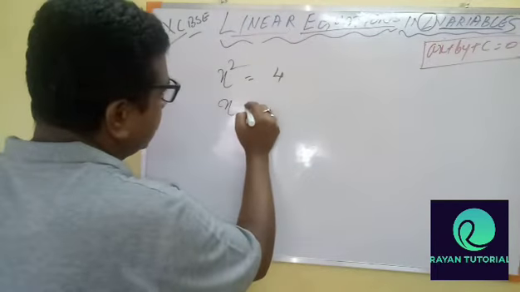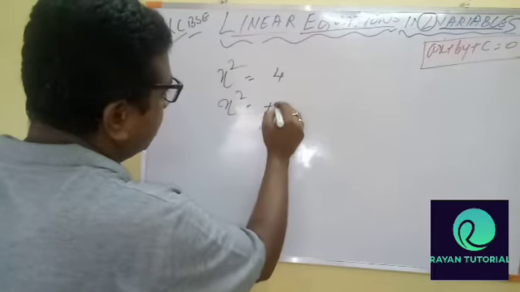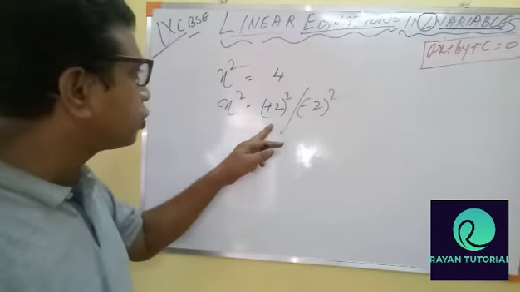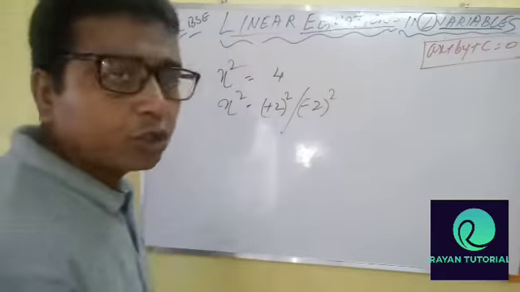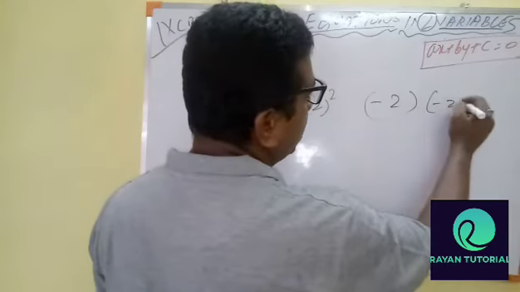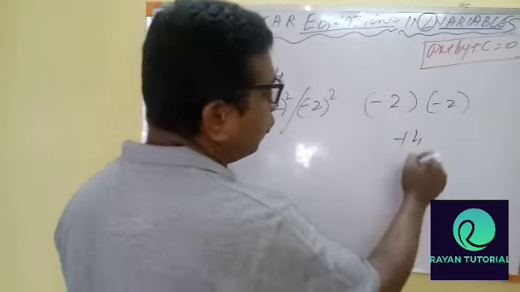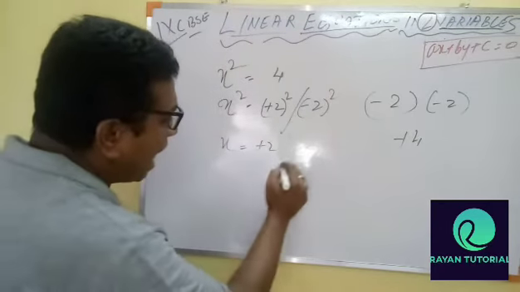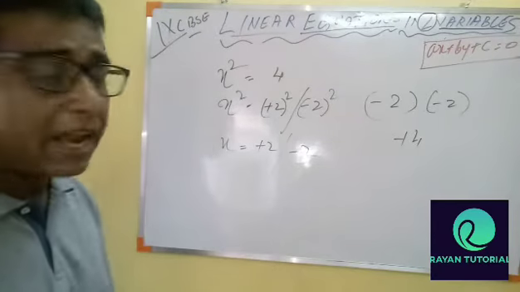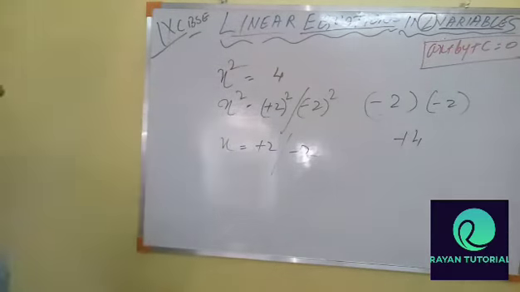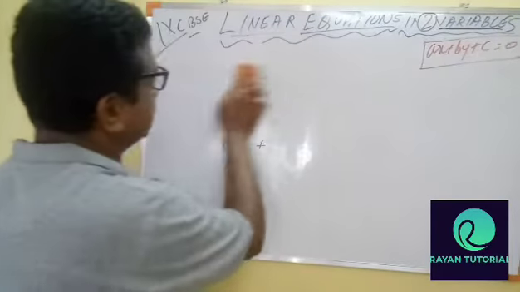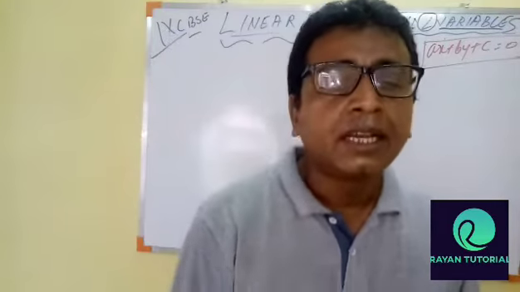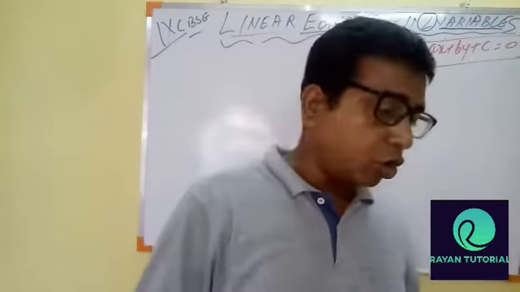That means x can be plus 2 whole square also or minus 2 whole square also, because plus 2 whole square is also 4, minus 2 into minus 2, minus and minus plus, 2 and 2, 4. That means x can be plus 2 also and even x can be minus 2 also, right? So here we are getting two solutions, and the first one which I showed, there we are getting infinite number of solutions.